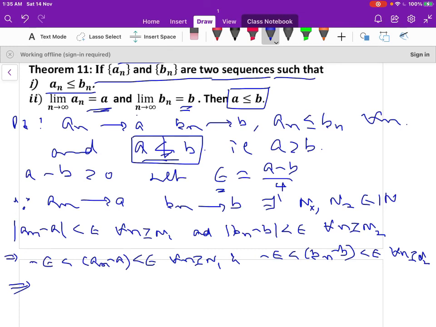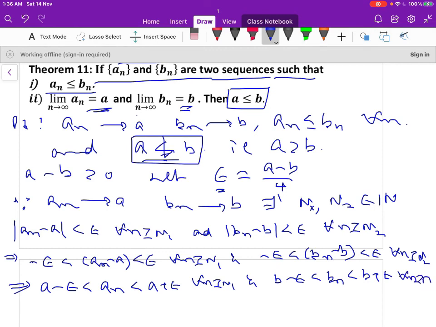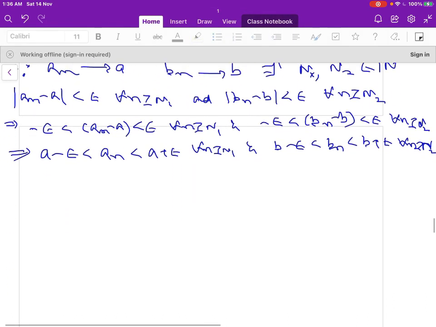So this implies, taking a and b to both sides of the inequality, a minus epsilon less than an less than a plus epsilon for all n greater than or equal to n1, and b minus epsilon less than bn less than b plus epsilon for all n greater than or equal to n2.